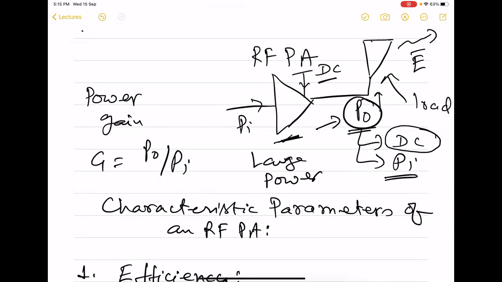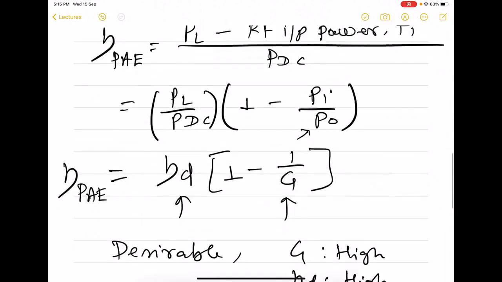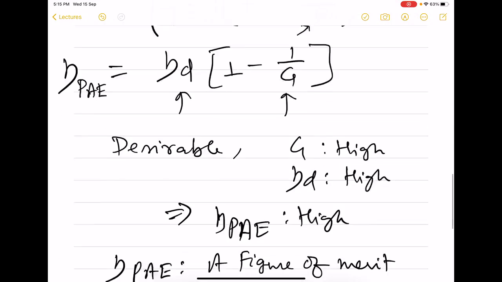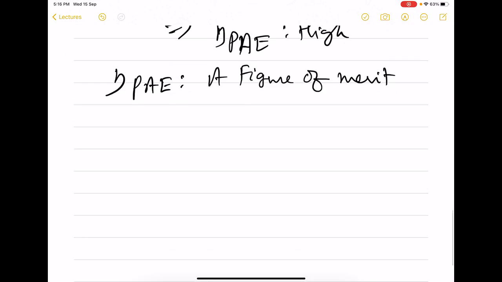So in any system where a large amount of power is handled, efficiency becomes important, because efficiency has an impact on various aspects of this power amplifier or the overall transceiver.